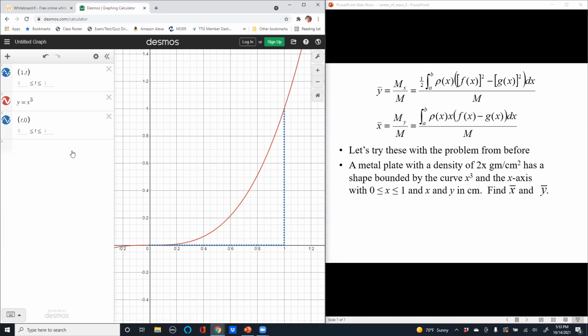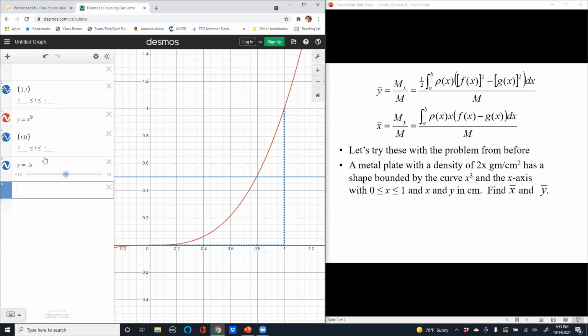In fact, let's put in those lines, so there's 0.5 for y, and x equals 0.5. If we look at this, think of what we're trying to do: we're trying to balance this thing.